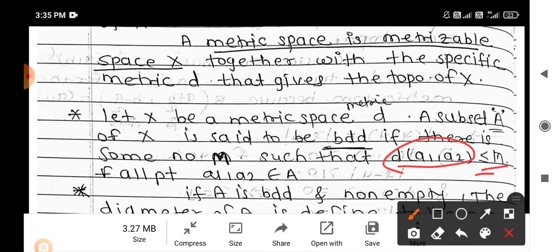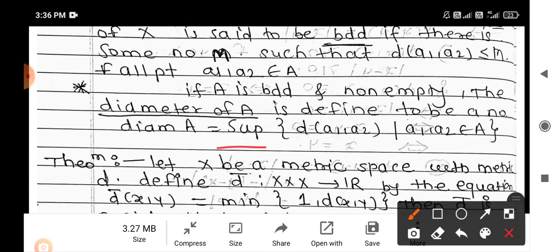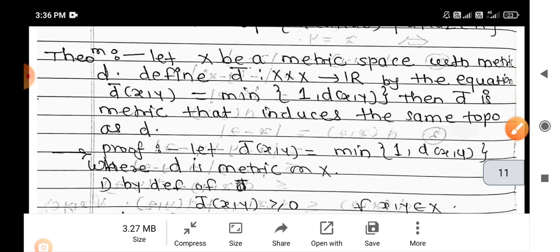Here the distance is held in the usual topology, but the definition for a subset A to be bounded is: if there exists a metric D, that is D of a1 comma a2, less than or equal to m, where D is any metric, for all points a1, a2 belonging to A. That is, if A is bounded and non-empty, then the diameter of A is defined to be the number which is the supremum of D of a1 comma a2, where a1, a2 belong to A.